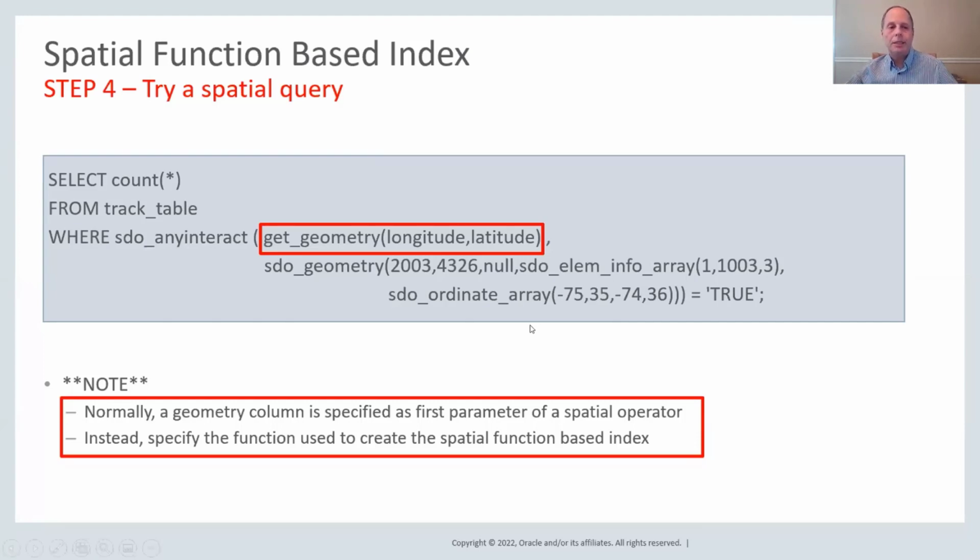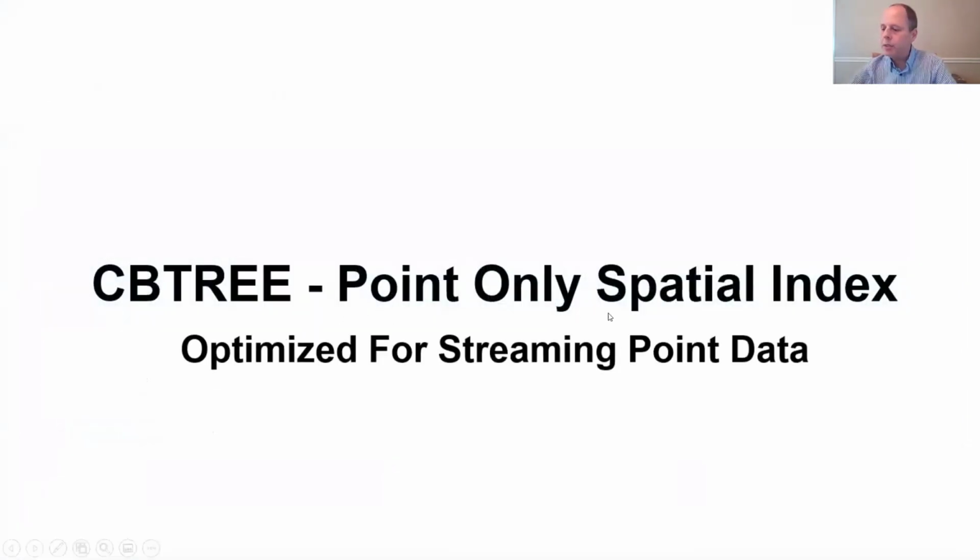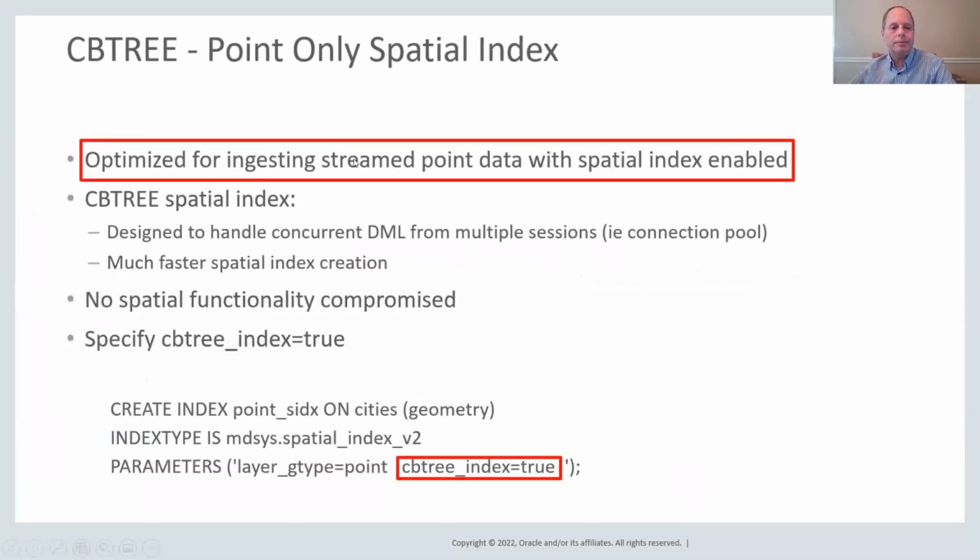And it complements things like attribute clustering, like we talked about earlier. So the CB tree spatial index that we talked about before is optimized for ingesting streaming point data with the spatial index enabled. That's what this was designed for. It's designed to handle concurrent DML from multiple sessions, for example, a connection pool, much better than an ordinary R-tree index did. So really, for large point data sets of data streaming in, CB tree is what you want to use.